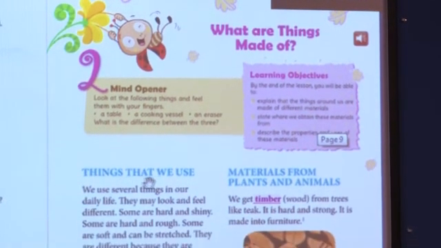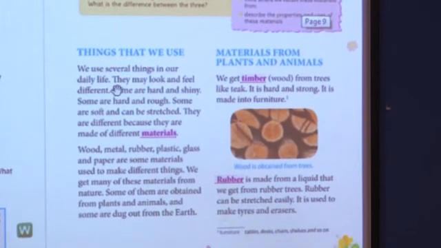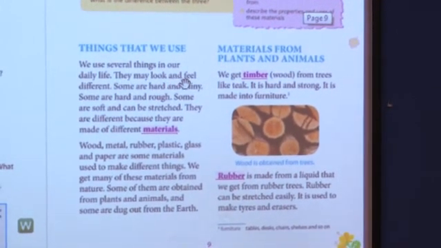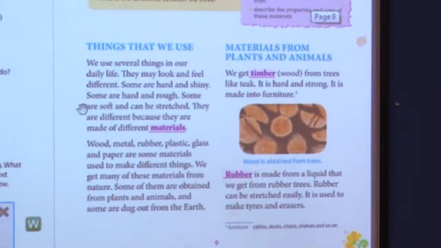Things that we use. We use several things in our daily life. They may look and feel different. Some are hard and shiny. Some are hard and rough. Some are soft and can be stretched. They are different because they are made of different materials.